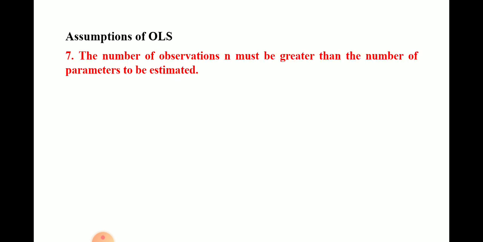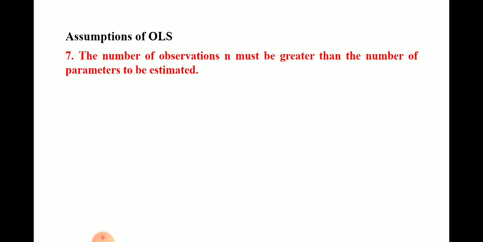And the 7th assumption. The first assumption, linearity and no specification errors, relates to the PRF model. The second assumption, non-stochasticity of xi, is related to the sample values. Then the third assumption, mean value of ui, then homoscedasticity, no autocorrelation, then covariance of ui and x being 0: these are all assumptions related to the error term.